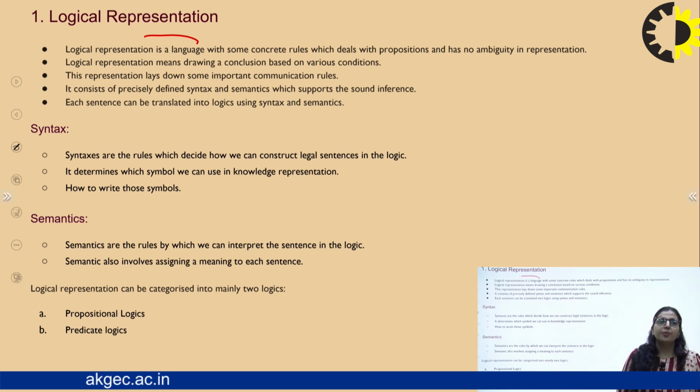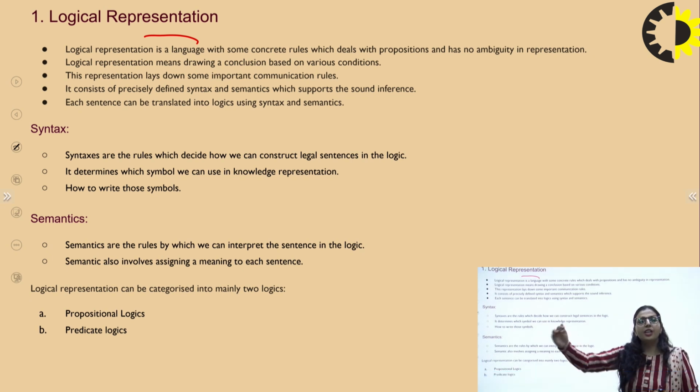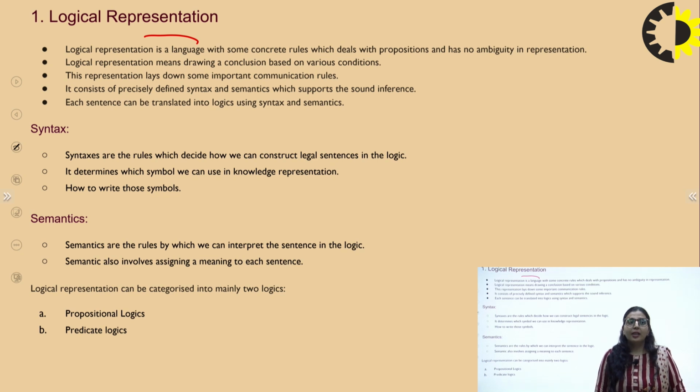Logical representation means drawing a conclusion based on various conditions. In this technique, various conditions are given, right? On the basis of those conditions, we can derive a conclusion so that actions can be taken based on those conclusions. The representation has some important communication rules. It consists of precisely defined syntax and semantics which support sound inference.